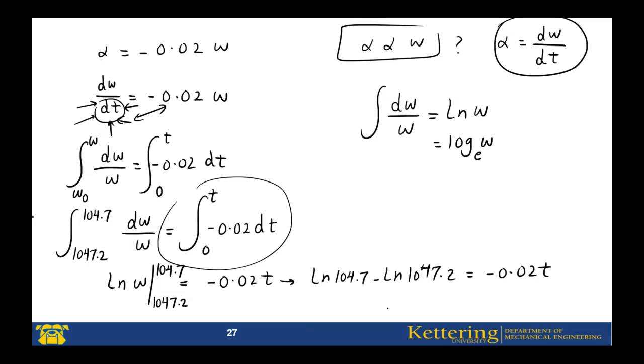If we calculate it, the time will be 115.1 seconds. This is the answer. It means it takes 115 seconds for this jet engine to reduce the angular velocity of the rotor from 10,000 RPM to 1,000 RPM.